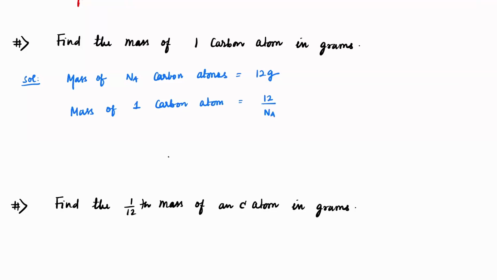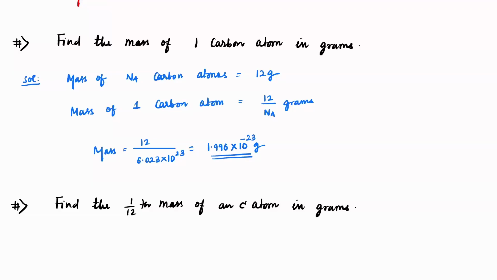This much will be the grams value. So mass will be equal to 12 divided by Avogadro's number, which is 6.023 into 10 raised to power of 23. As we calculate, it is coming out to be 1.996 into 10 raised to power of minus 23 grams. This will be the mass of one carbon atom. Got it?